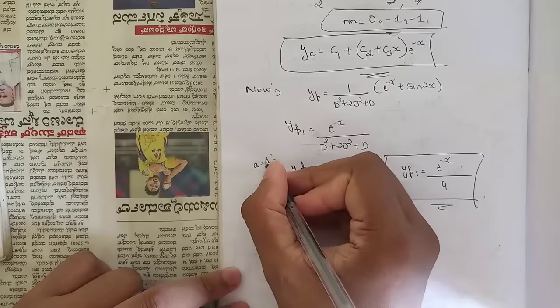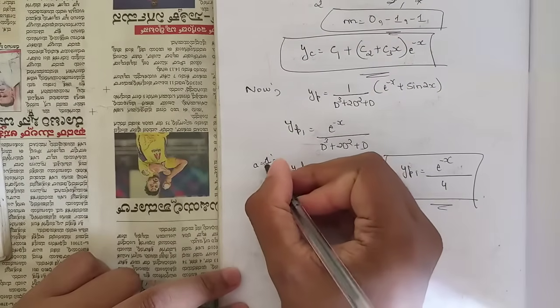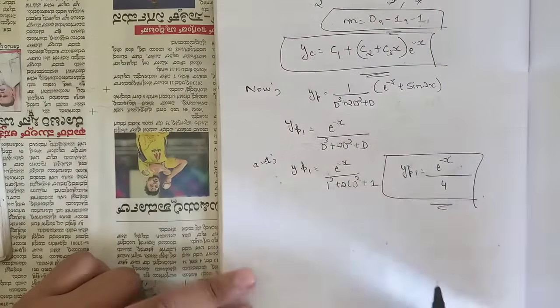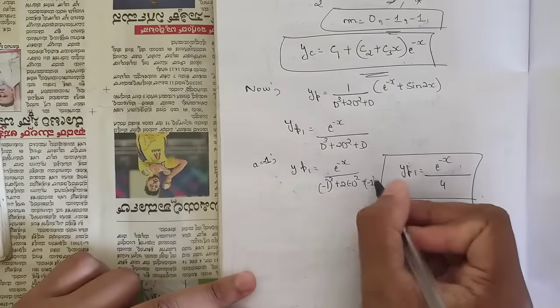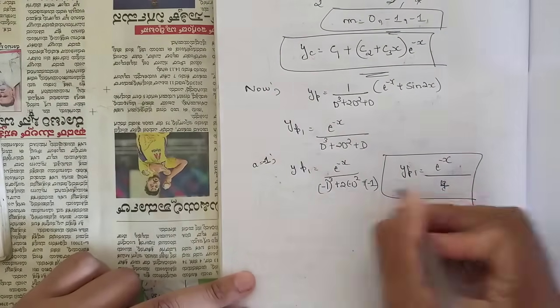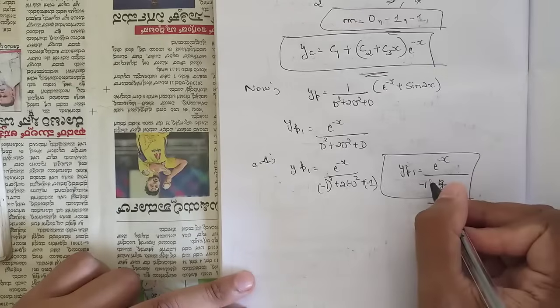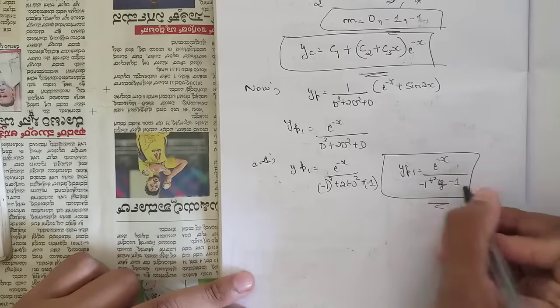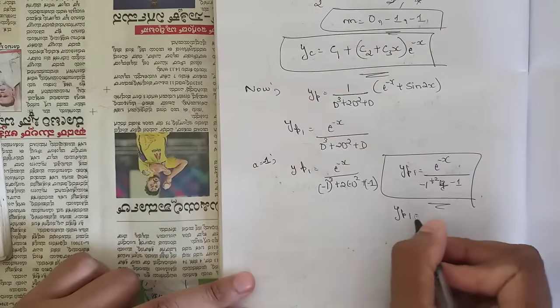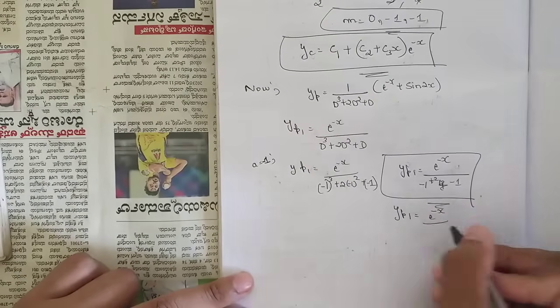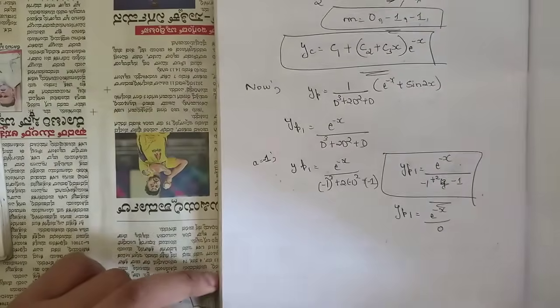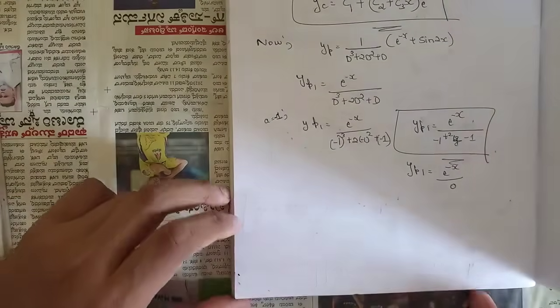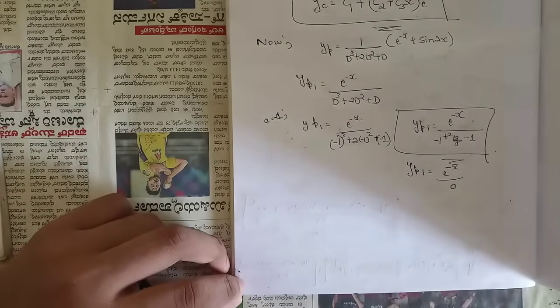See, I have made a mistake here, the value of a is minus 1. So this would be minus 1 cube plus 2 into minus 1 square plus minus 1, so minus 1 plus 2 minus 1, so we get yp1 as e power minus x divided by minus 1 plus 2 minus 1, that is 0. See, we should not make these mistakes. I am in a hurry to solve the problem, so that's why I am making the mistakes.